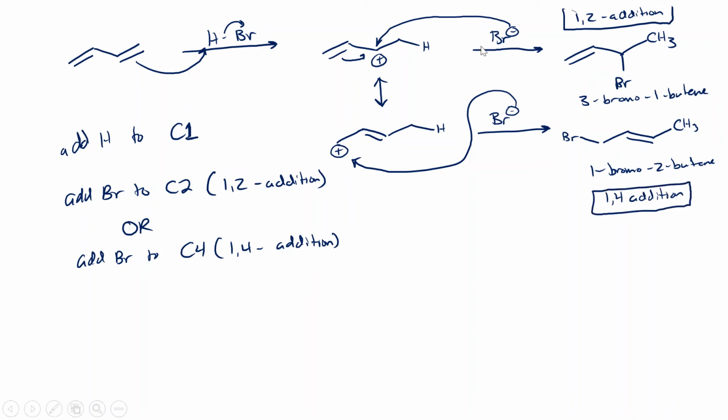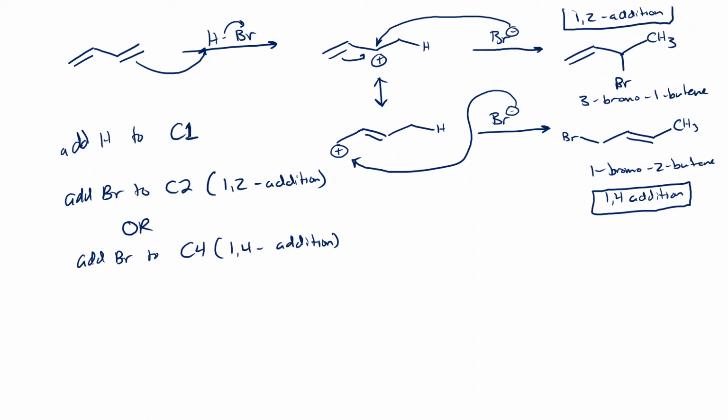So the difference between these is, do we attack the carbocation that has not moved due to resonance, or do we attack the carbocation that has moved due to resonance? Now, of course, both of these cations exist because that's how resonance works. It's just a question of which carbon the bromine adds to. We can get two different products. So anytime we get two different products, we want to know, can we pick which product we get?